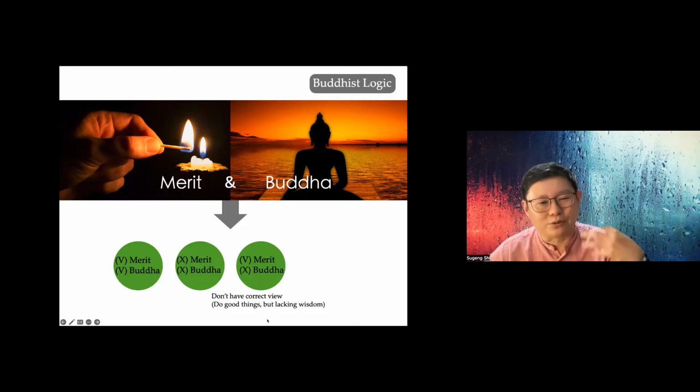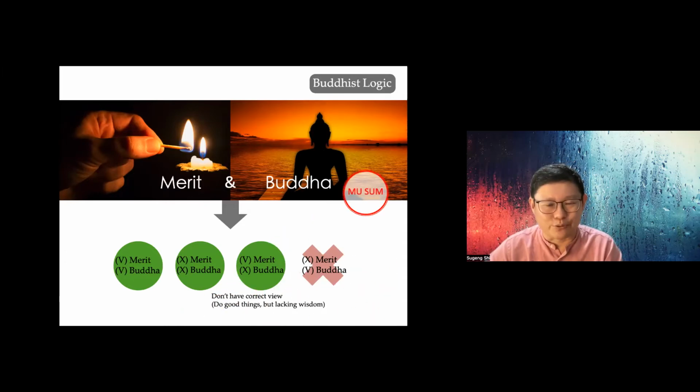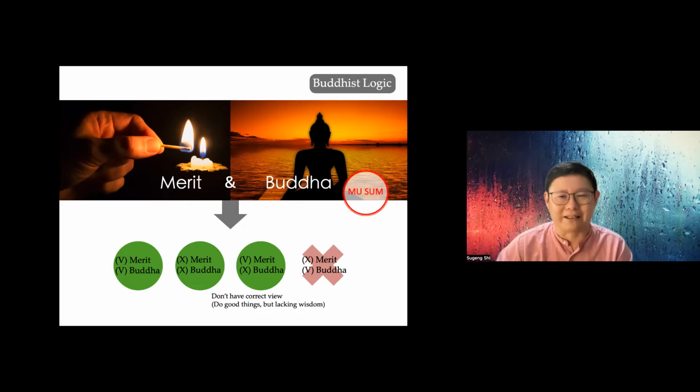Yes, people who are married, they do all the good things, but they don't have the correct view yet, lacking wisdom. How about people who are not married and become Buddha? Impossible. So this is a Musum, the three possible connections. Musi means they are not related. Musum means they have to be related.